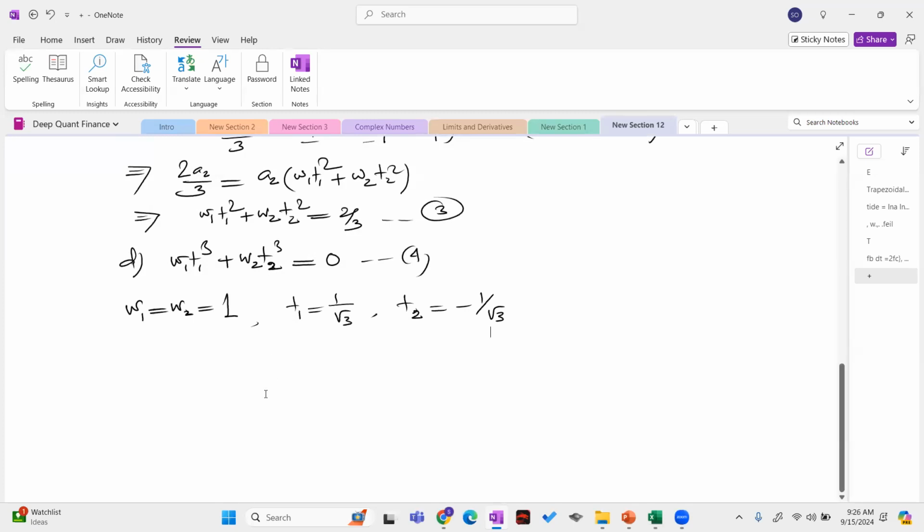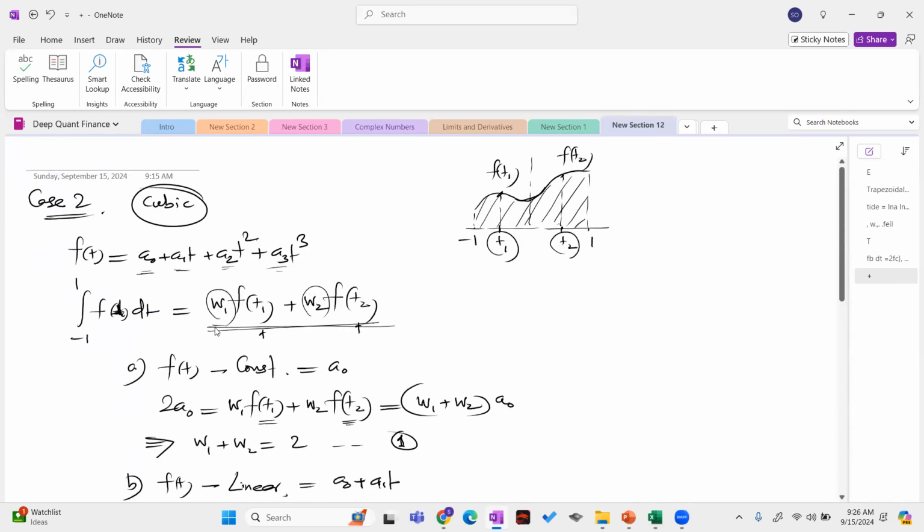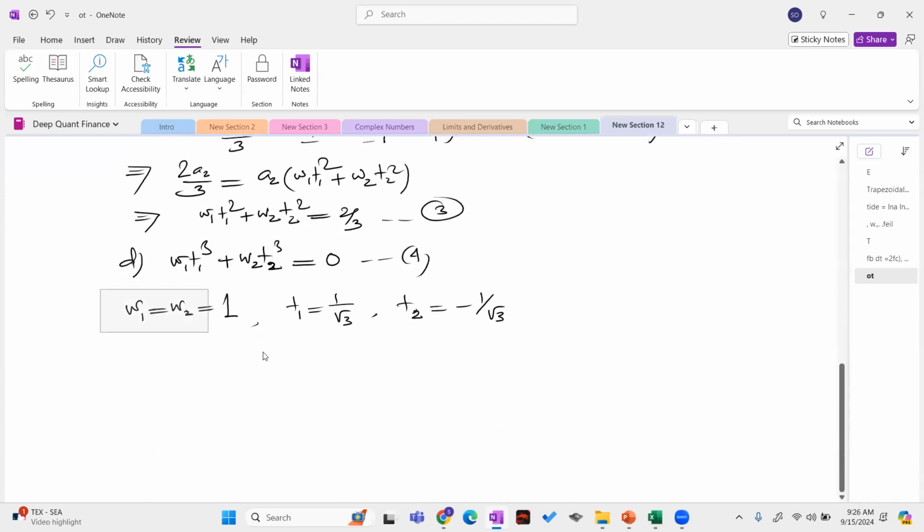Okay. So what is this saying? This is saying that if you have any cubic function, it's saying you just need 4 data points. One is the value of the function at 1 by root 3, the value of the function at -1 by root 3, and the weights are just 1 and 1, correct?